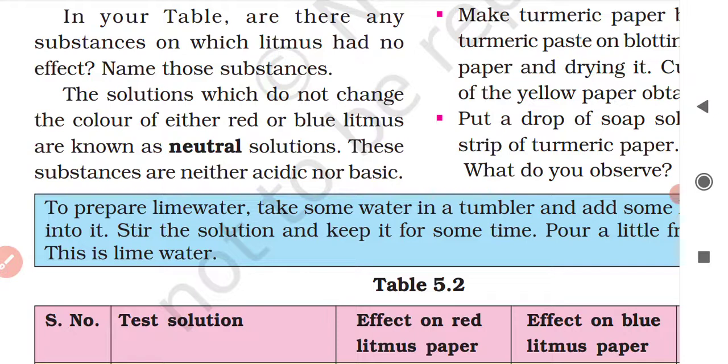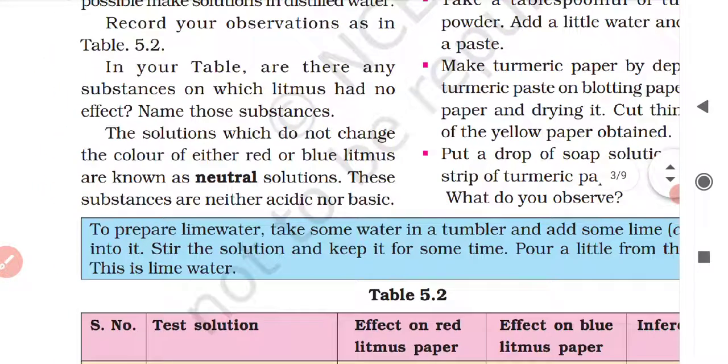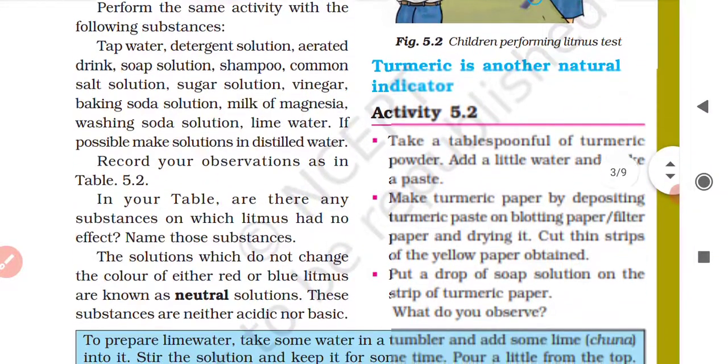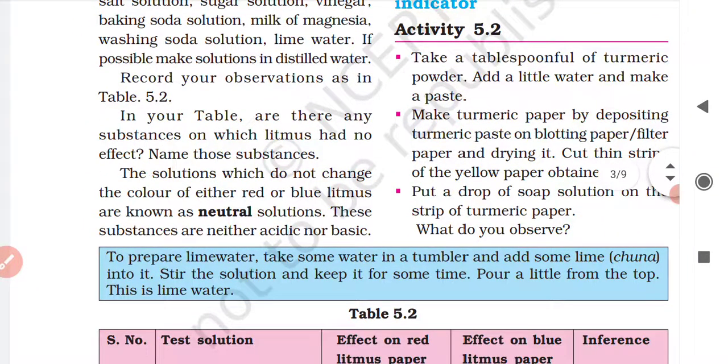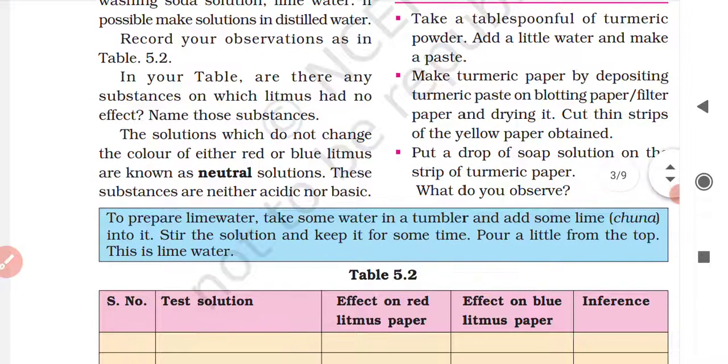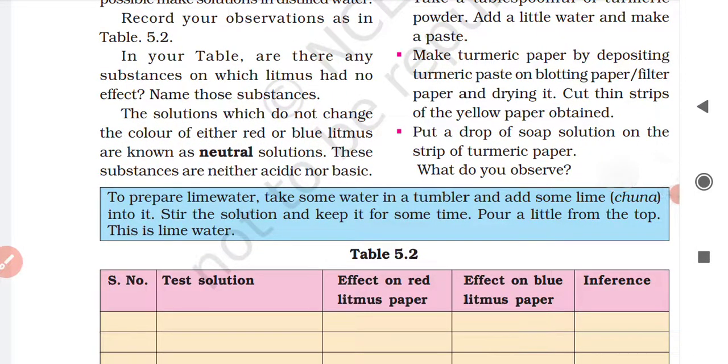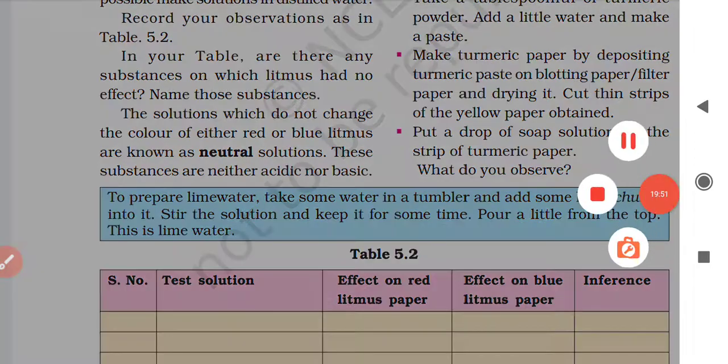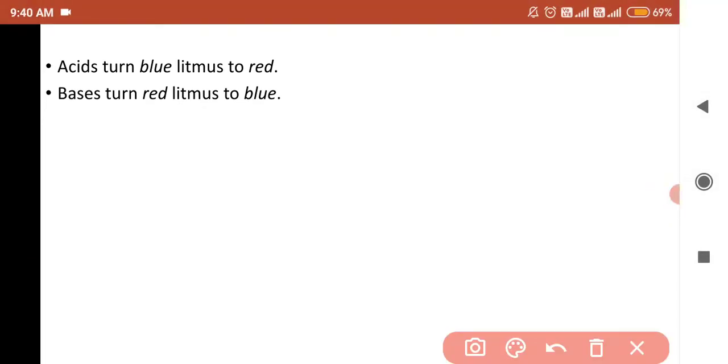So what are neutral substances or neutral solutions? The solutions which do not change the color of either red or blue litmus are known as neutral solutions. These substances are neither acidic nor basic in nature. Lastly, we can conclude from this discussion that acids turn blue litmus to red, and bases turn red litmus to blue.